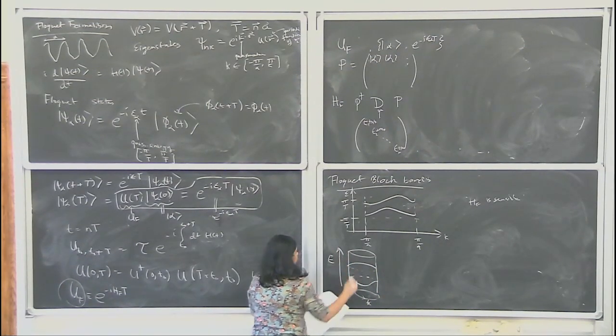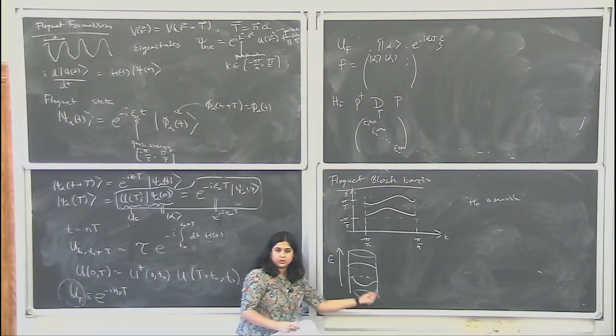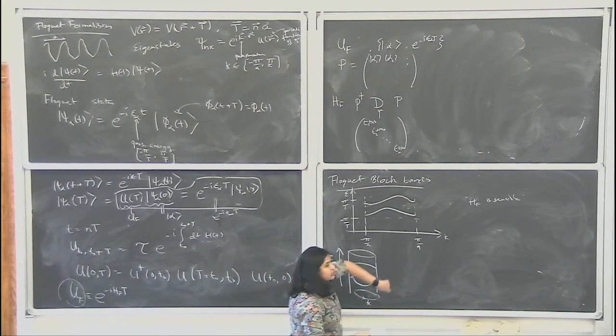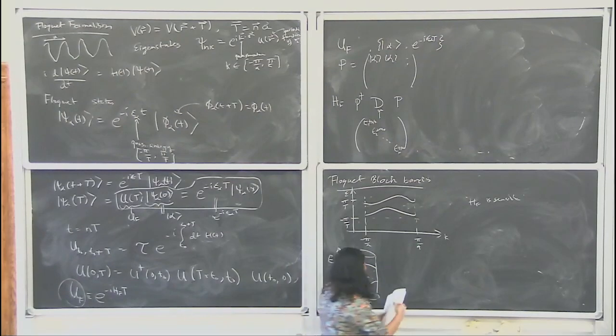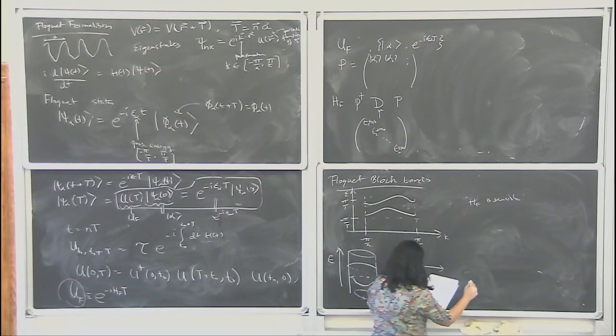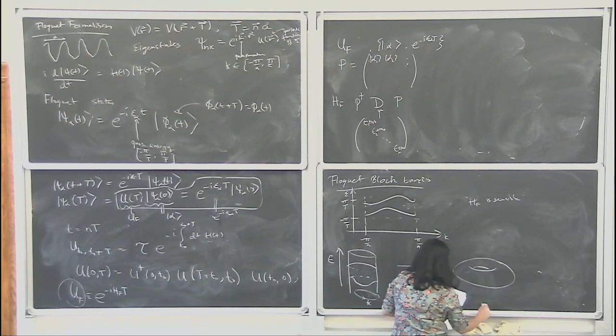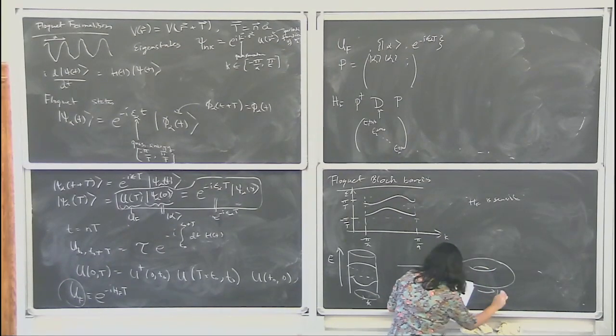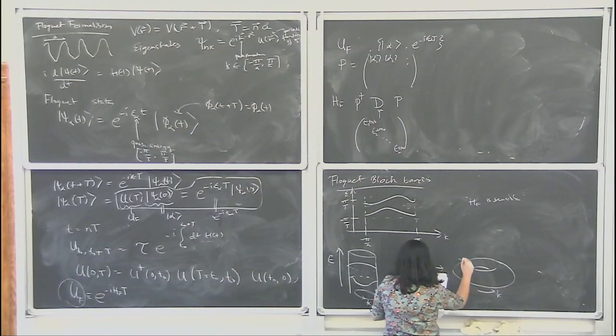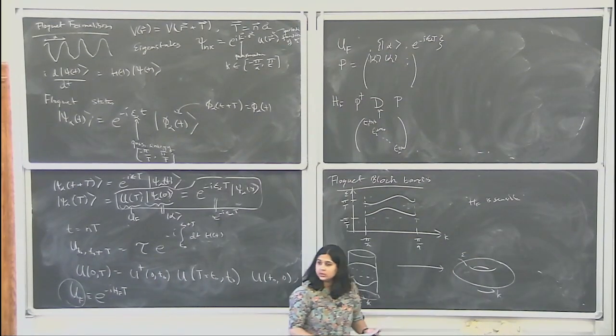That's energy. This is the periodicity of the Brillouin zone. But now your energy also becomes periodic, so this actually goes to a torus, where this is the K direction and that's the epsilon direction, okay?